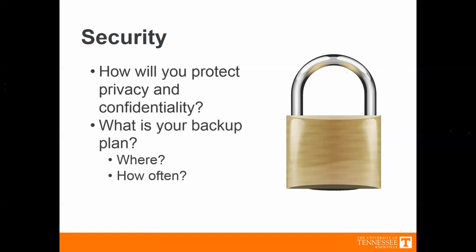Now, backup is one of the most frequent questions I get: how do I back up my data, or where, and what is your recommendation for backing up? So the recommendation I usually give is to make three main copies of your research data.